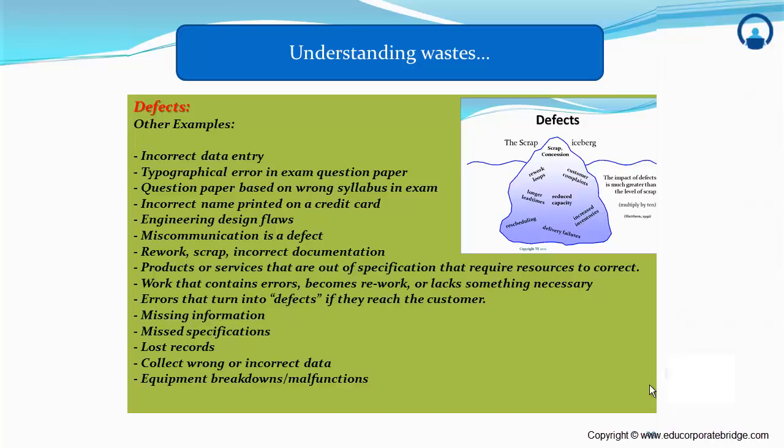What kind of situation may arise if he commits that mistake? And if it is 1 crore rupees, or say 100 crore rupees, and he forgot to punch the last zero, what will happen? We cannot imagine the impact of that. Now you could understand how serious the problem of defect is.